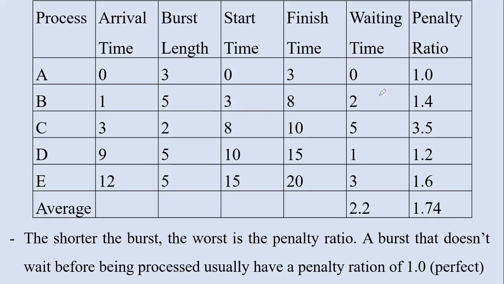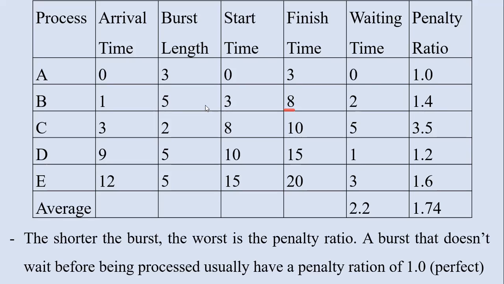So the penalty ratio will be 1.4. The finishing time will be 8, since it started at time 3 and takes a burst of 5: 3 plus 5 gives 8.